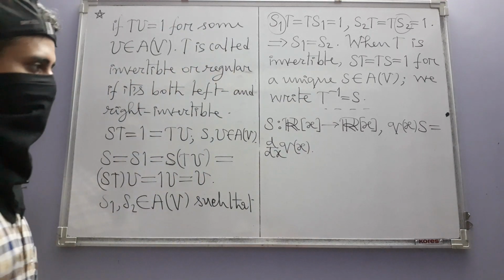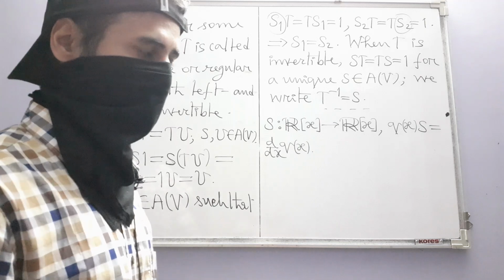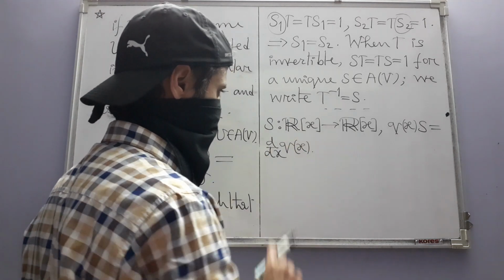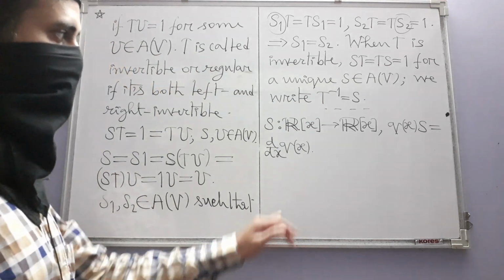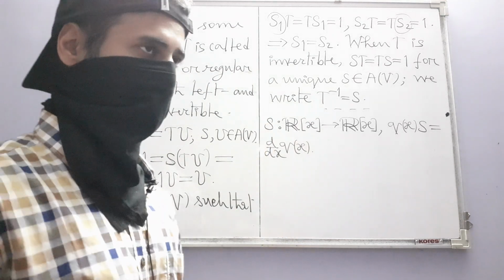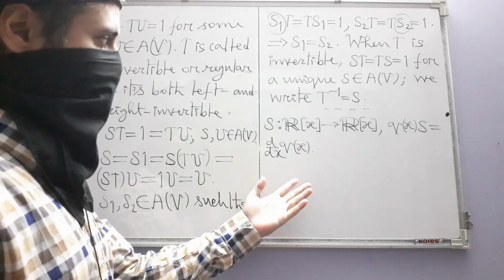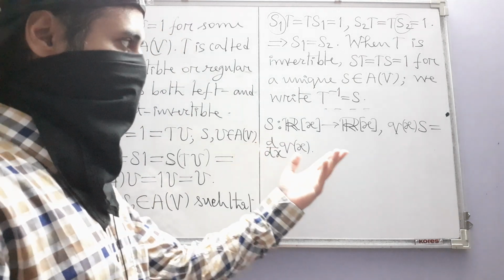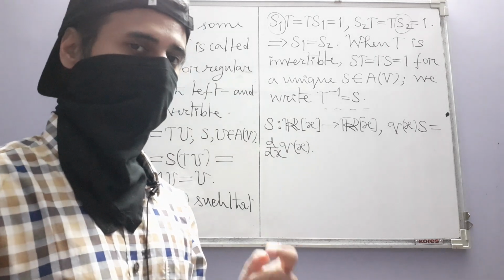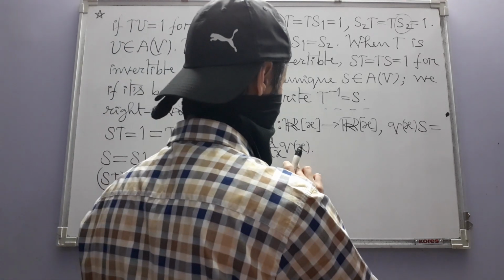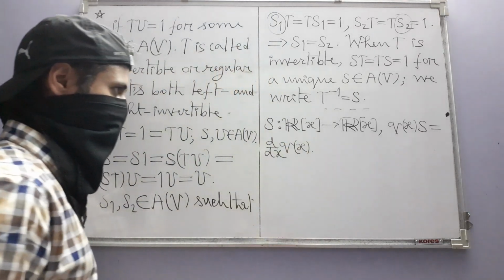There are some things that need to be explained about this. We already know that the set of real polynomials is a vector space over the field of real numbers. And what we are doing here is that S is just simply differentiation, but you should be a little careful about interpreting this properly.